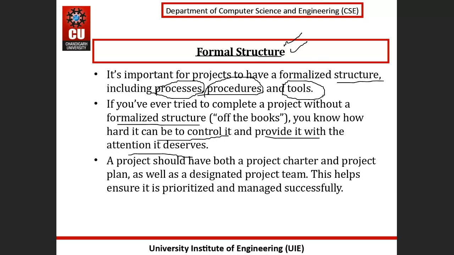Fine. So we cannot complete our task efficiently and within the time. So a project should have both a project charter and a project plan, as well as a designated project team. This helps ensure it is prioritized and managed successfully.